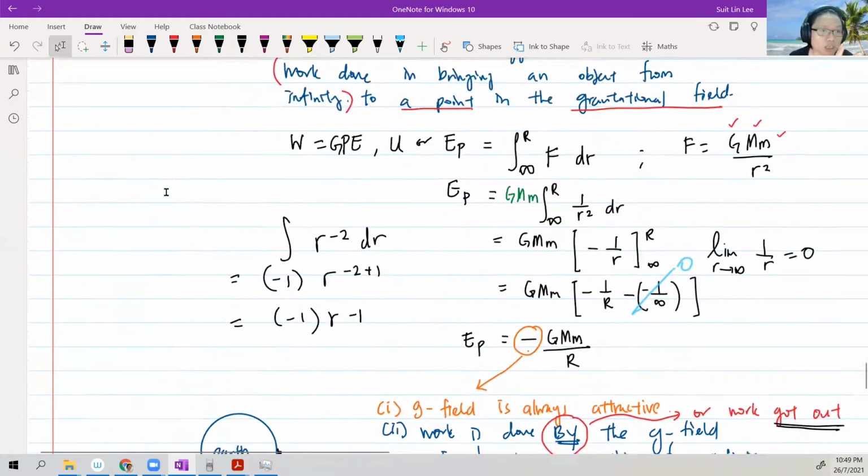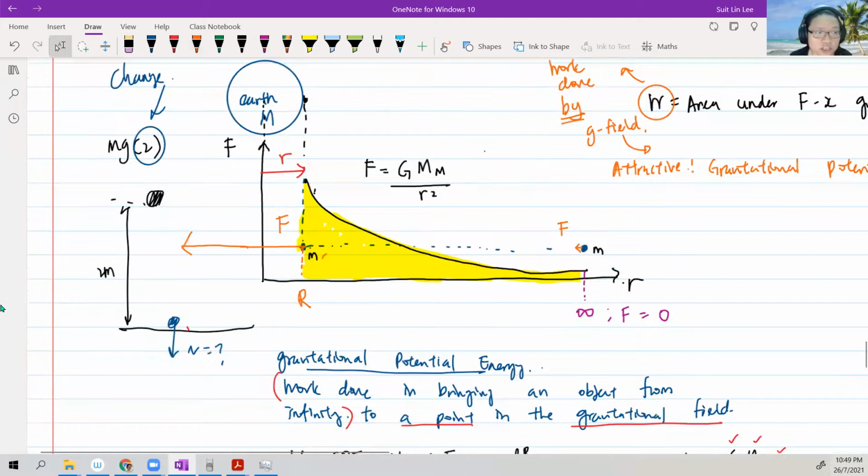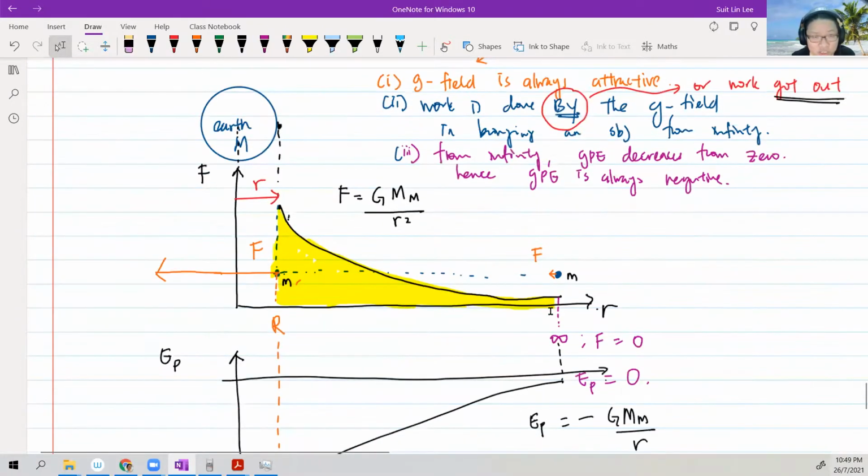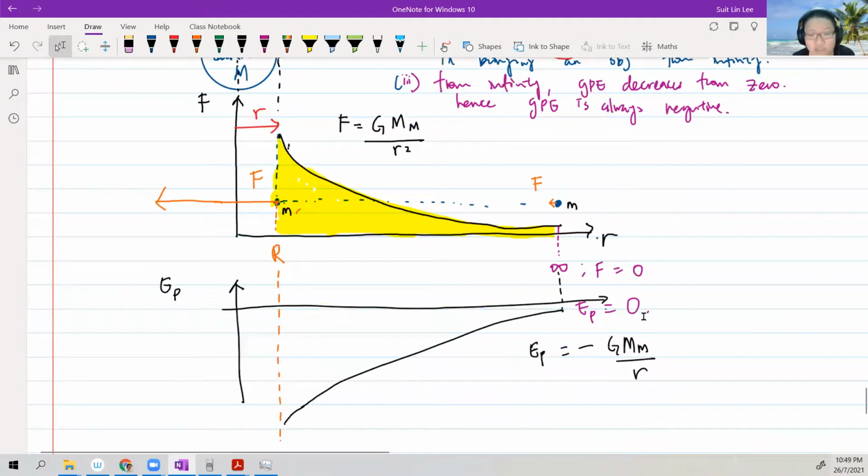If we go back to our initial understanding of potential energy where you use mgh, you are very close to the Earth's surface and your force is constant, so that works. But this one, the force is not constant, very far from the Earth's surface. So if I want to find work done, I have to integrate. I have to use this equation.